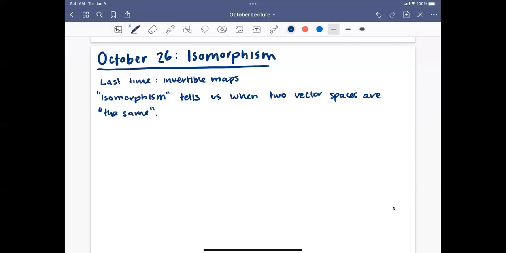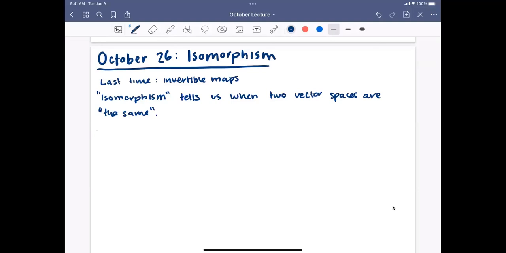And this concept appears over and over again across different areas of math. Whenever you introduce any type of object that you're interested in, such as vector spaces, there will be some idea of what it means for them to be isomorphic, and you consider them to be the same when they're isomorphic. So that's the intuition of this idea: this will tell us when two vector spaces are the same.